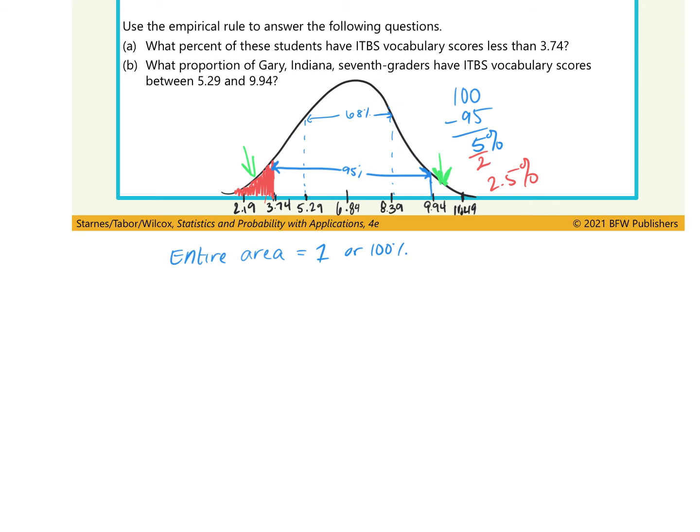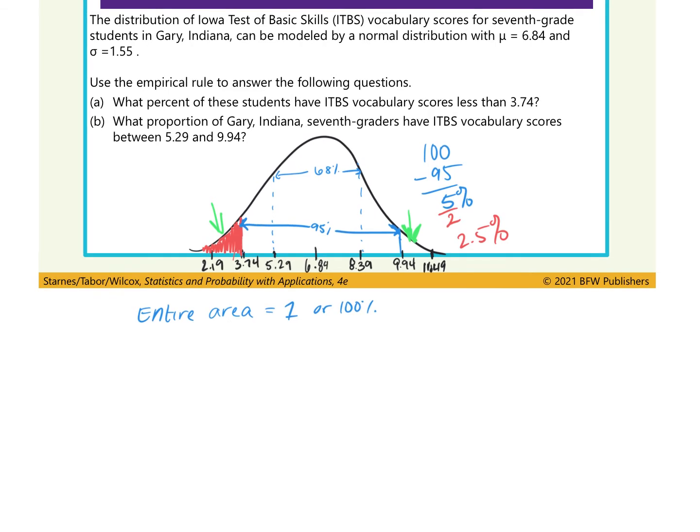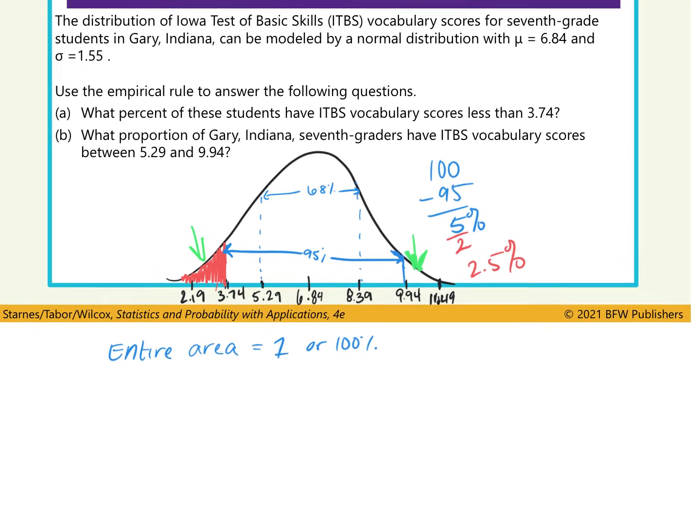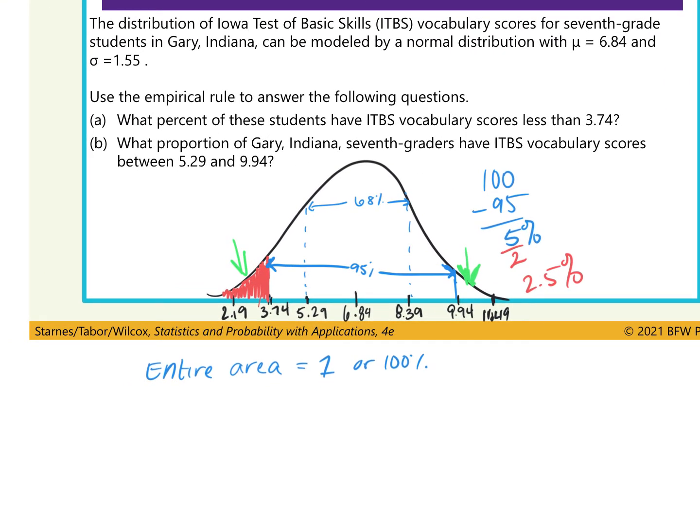Let's talk a little bit about these. We're not going to draw this again. The next question is, you're going to have to use some thinking here. I'm going to have you and the person sitting next to you try to figure this out. What is the area from 5.29 to 9.49?